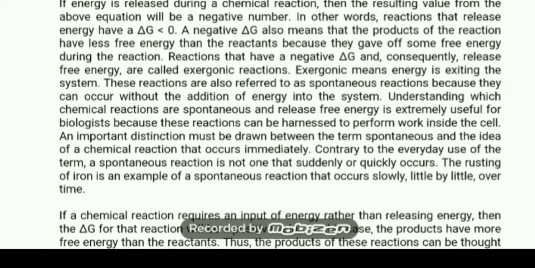A negative delta G means the products of the reaction have less free energy than the reactants because they gave off some free energy during the reaction. The reactions that have negative delta G and release free energy are called exergonic reactions. Exergonic means what? Exergonic means energy is exiting the system.